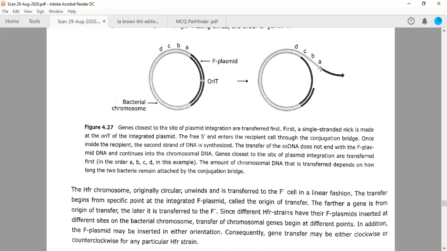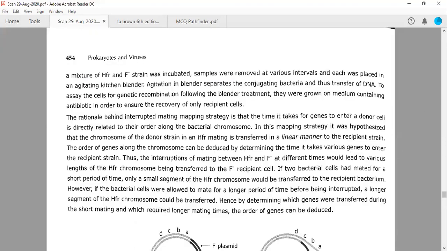So the half portion will be transferred first into the recipient cell, whereas the other half of the plasmid will be able to transfer only when this complete bacterial chromosome, which is shown in gray color here, is transferred, right? So we will read this now.